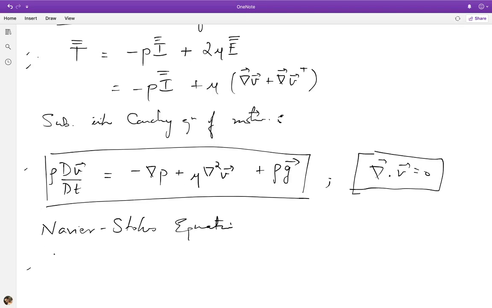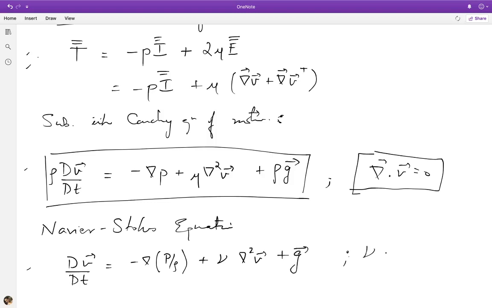Now because the density is constant, I can write it in another form by dividing throughout by density, so that the material derivative of the velocity is minus the gradient of P over rho, because rho is a constant, so I can define a readjusted pressure, plus nu, the kinematic viscosity, times del square V, plus the acceleration due to gravity, where nu is equal to mu over rho, and has the units of meter square per second in the SI system.